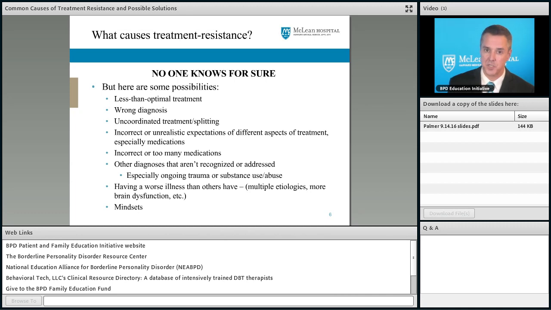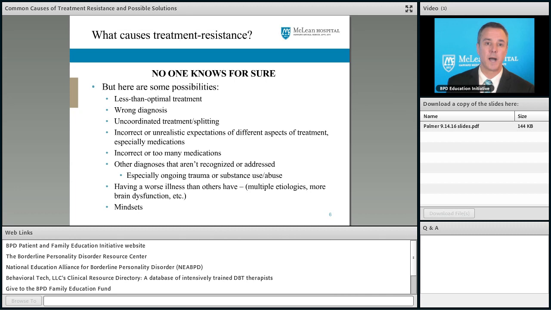Somebody who's in an abusive relationship, that will clearly interfere with treatment of borderline personality disorder, as well as treatment for probably anything else. And somebody who's actively abusing or even sometimes using alcohol or recreational drugs, that can absolutely interfere with recovery from BPD.